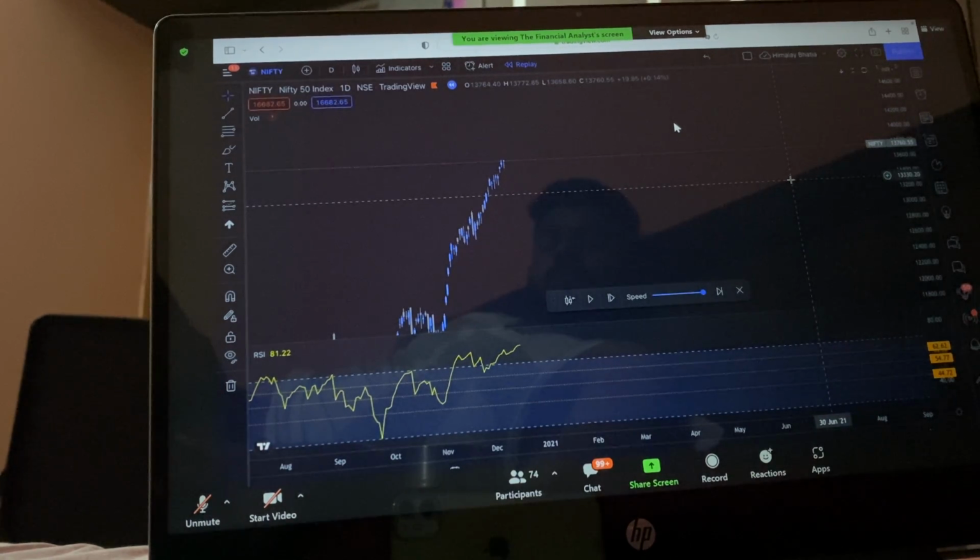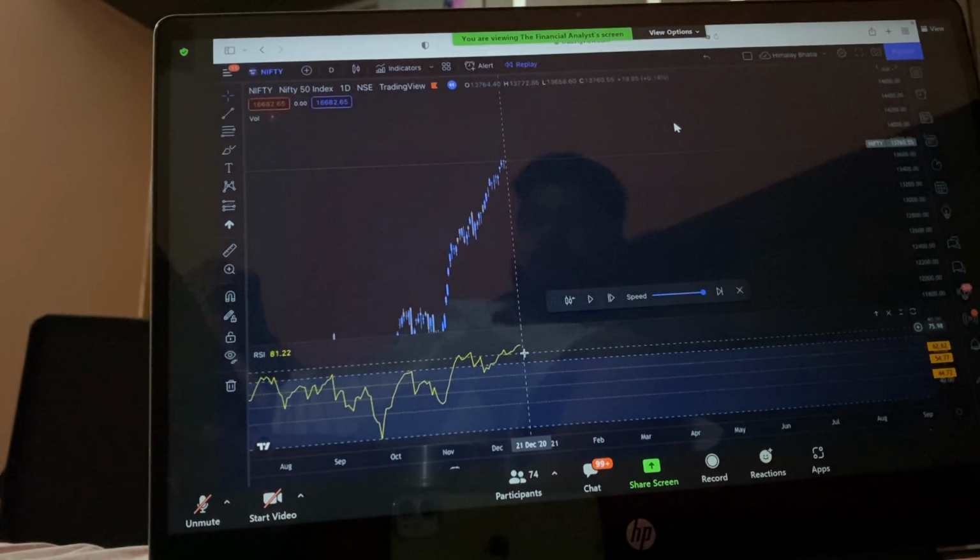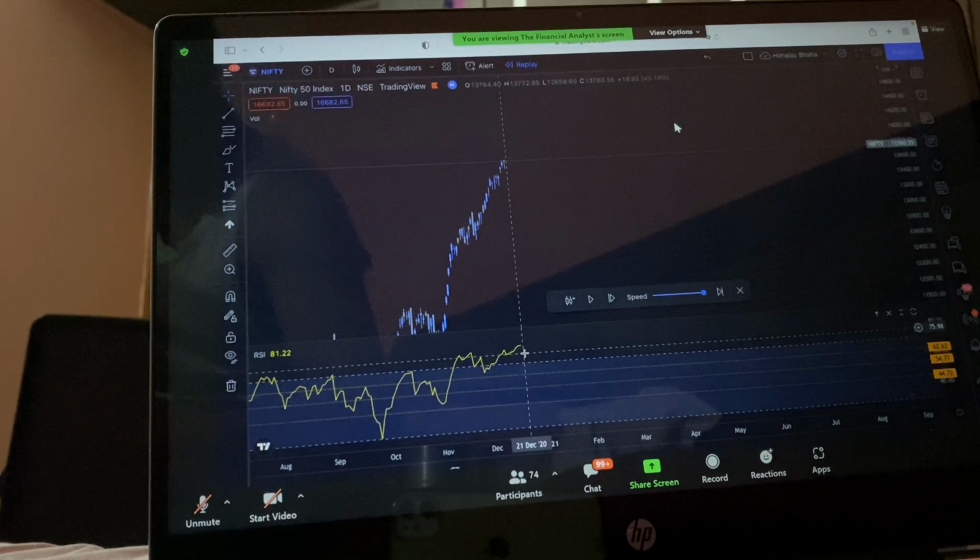What I saw on Nifty was the value of RSI. यहाँ पे लिखा आ जाता है. So if I just take the cursor over here, the value of RSI is 81.22. So I thought, when was the last time Nifty breached the 80 mark on RSI? Remember what is 80? 80 is extremely overbought condition.